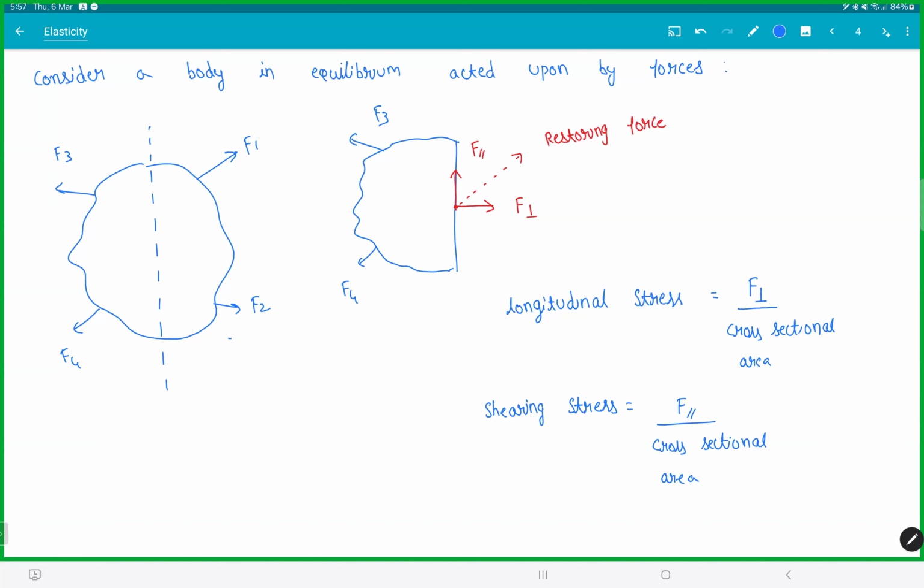Getting it? Now be careful here, even though this looks like force per unit area, this is not pressure, right? What is pressure? It is a force perpendicular to the surface area.